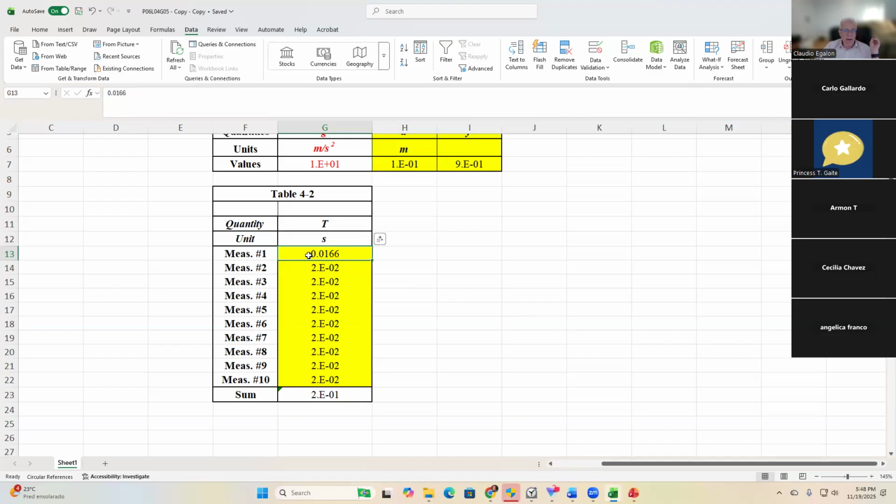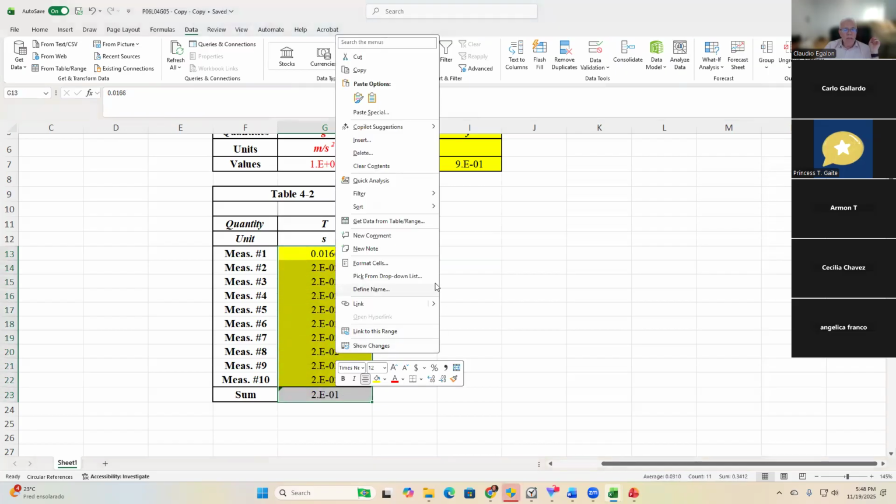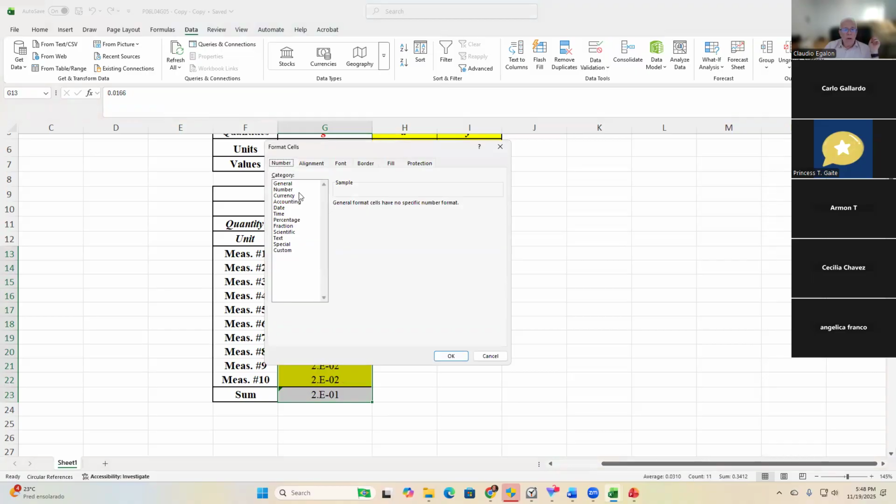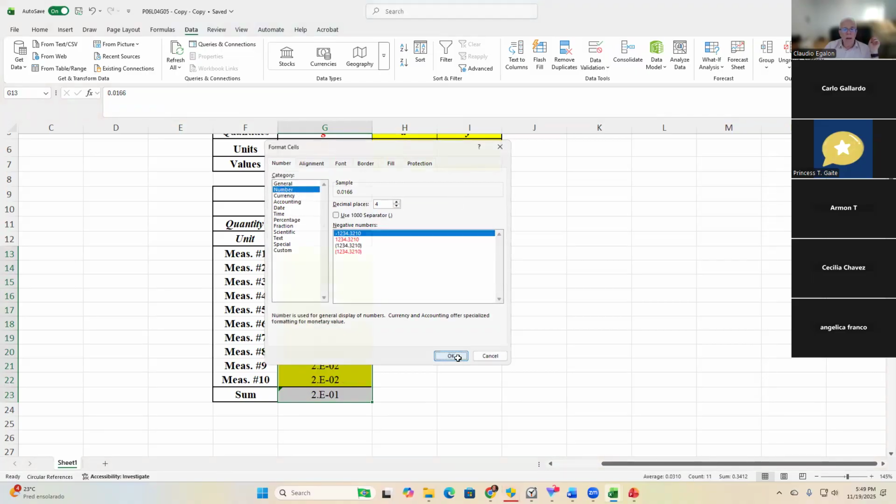Zeros to the left of the leftmost significant digit are not significant digits. So yeah, it's 3 significant digits. Okay, and everything here should be 4 decimal places. Let's see how it looks.